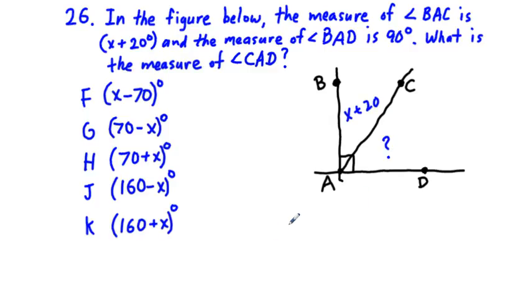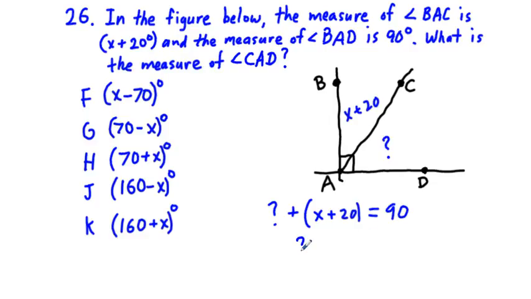But what do we know? We know that this angle, CAD, which I'll call question mark, plus this x plus 20 is going to be equal to 90 because of the whole complementary angles.